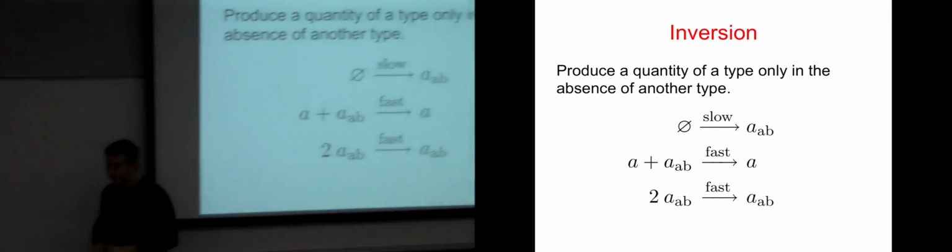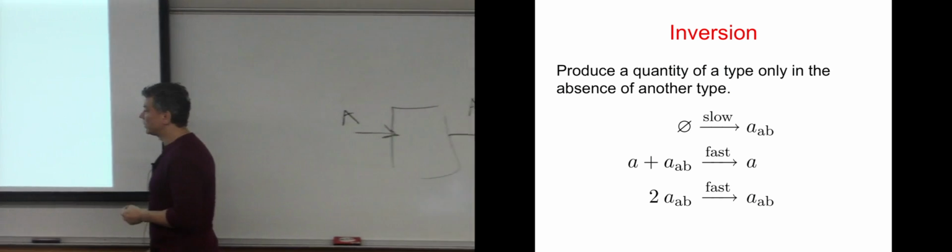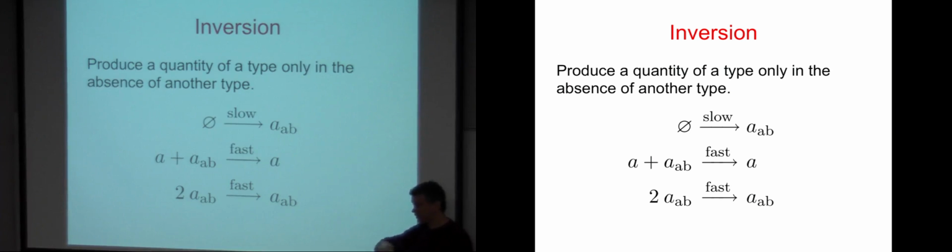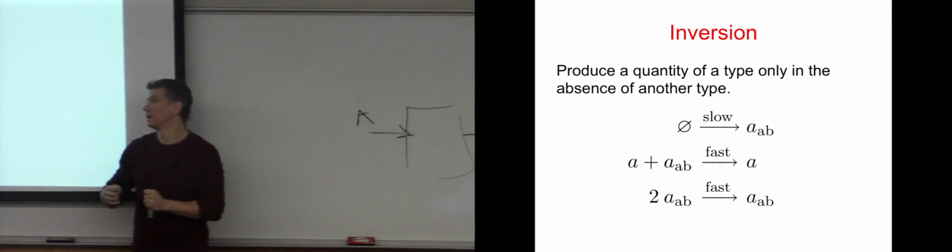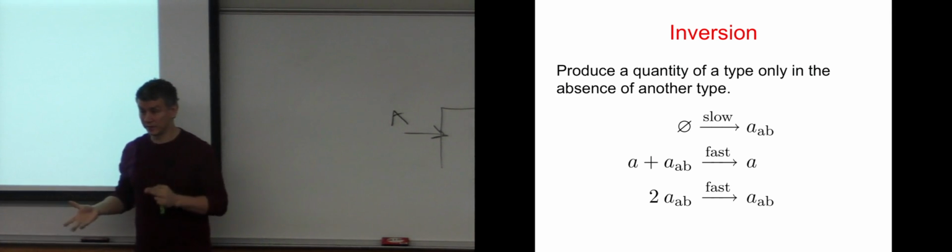Okay, but this mechanism is going to be ubiquitous in much of the presentation, meaning I'll often just refer to some type X, and then later on I'll refer to some type X with subscript AB. X with subscript AB is a different molecular type, but it's going to be a type that will have a high concentration when X has low concentration and vice versa.